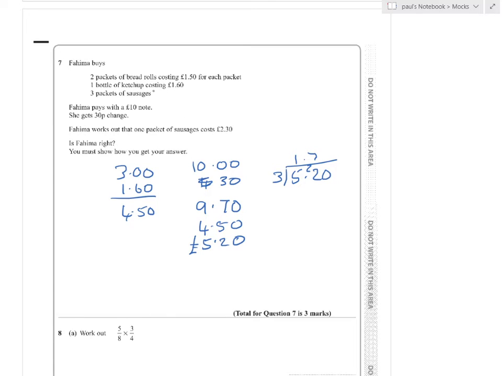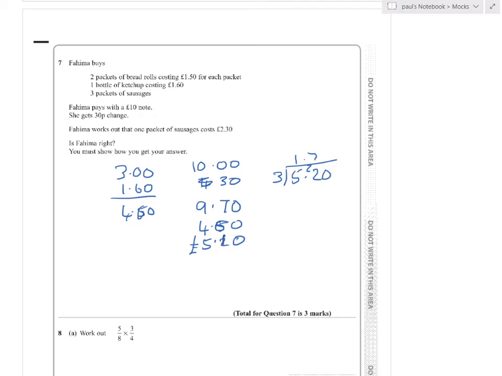So let's do that again. 2 packets of bread rolls, £3. 1 bottle of ketchup is £1.60. Oh no, £4.60. So £4.60.